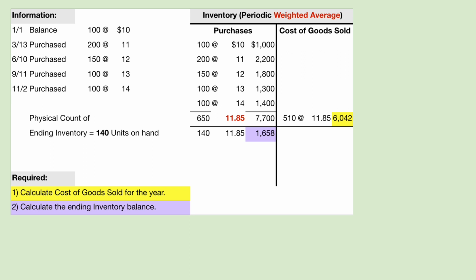We sold 510 units at this weighted average cost of 11.85. And the number in yellow, that's our cost of goods sold. The number in purple would be on the balance sheet as our ending inventory balance. The number in yellow will be used in the year-end adjustment, wherein we debit cost of goods sold and credit inventory in the periodic method.